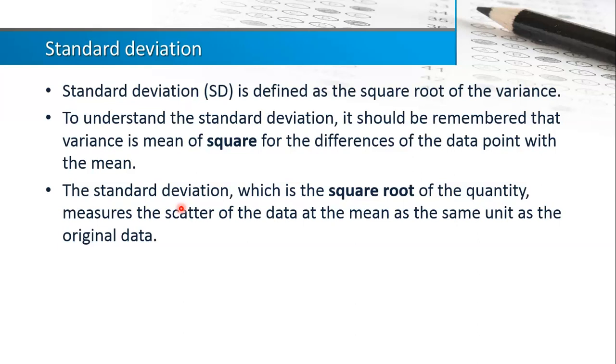Remember that the variance is the mean square of the difference between data points and the mean. When you square it, the unit becomes different. So to put it back to the same unit, you take the square root of the variance.